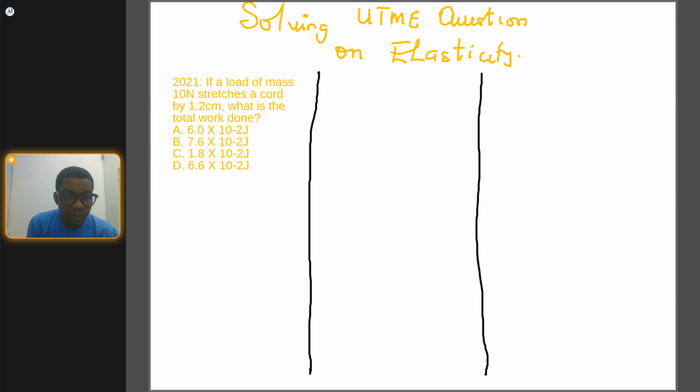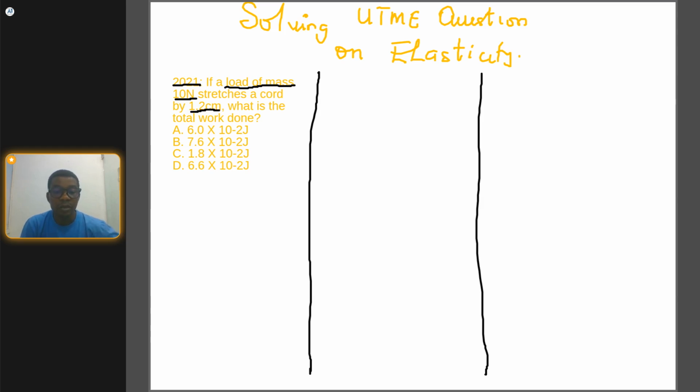If a load of mass 10 Newton stretches a cord by 1.2 centimeter, what is the total work done?